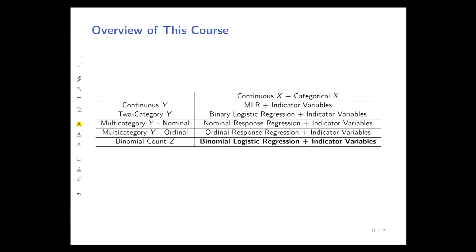We have talked about a continuous response, two-category response, and multi-category response, and now we are going to talk about the binomial count. Similarly, we can also model the binomial count on continuous and categorical explanatory variables. That's something similar, and you can consider the binomial count as the aggregated data form for the two-category Y.